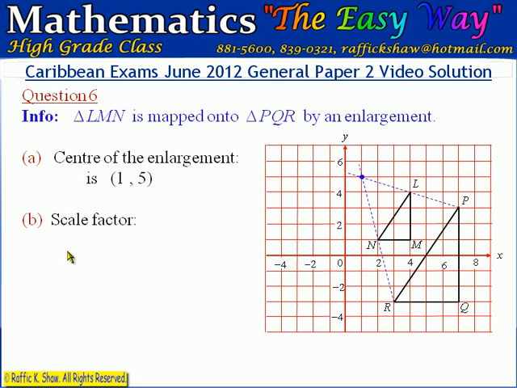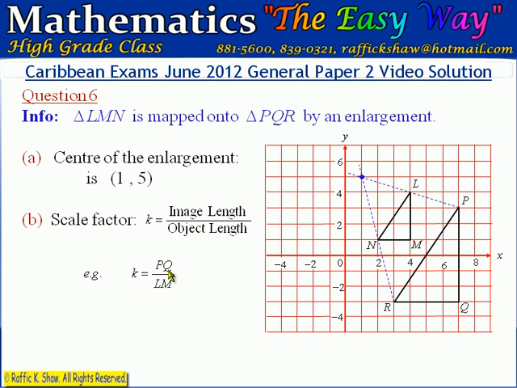And this is it. Part B is asking us for the scale factor. Now the scale factor is given by an image length divided by a corresponding object length. Right? And so, as I said, we could use the distance of a point from the center, and this would be an image distance from the center to P, and this would be the corresponding object distance from the center to L. Or we can use a side on the image, which for example is PQ, and divide that by LM, and we can actually use that as our example.